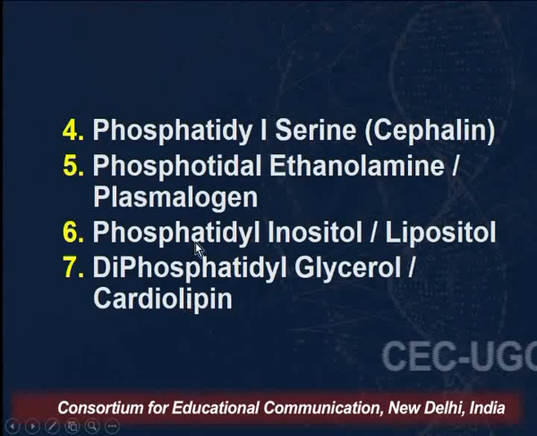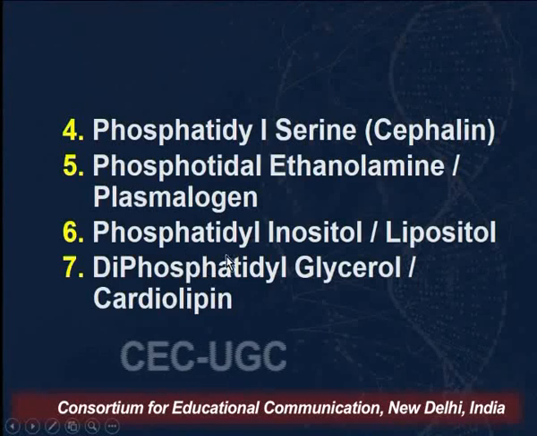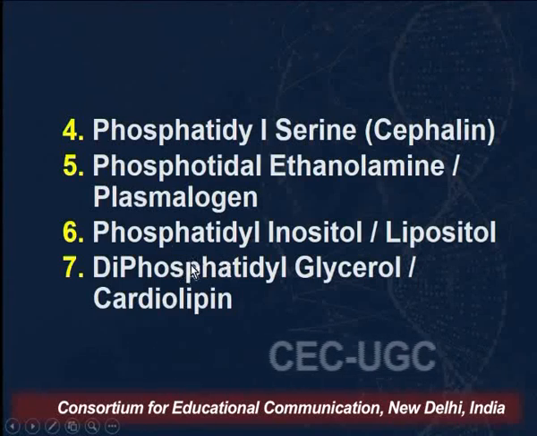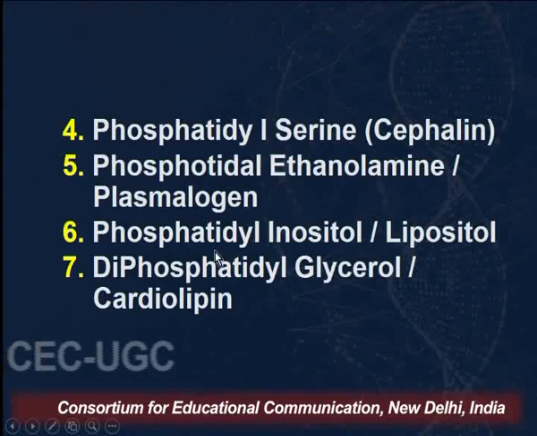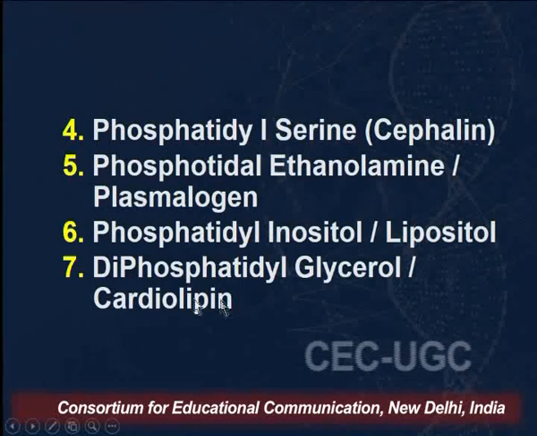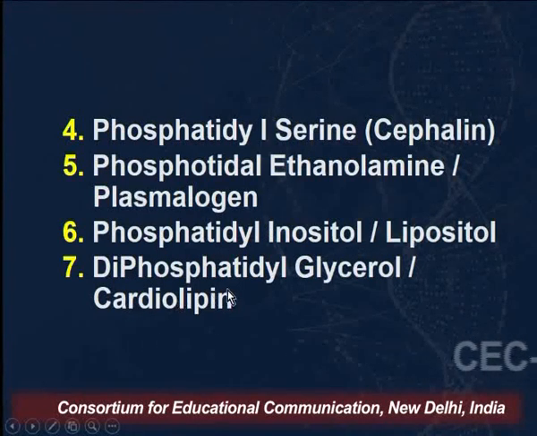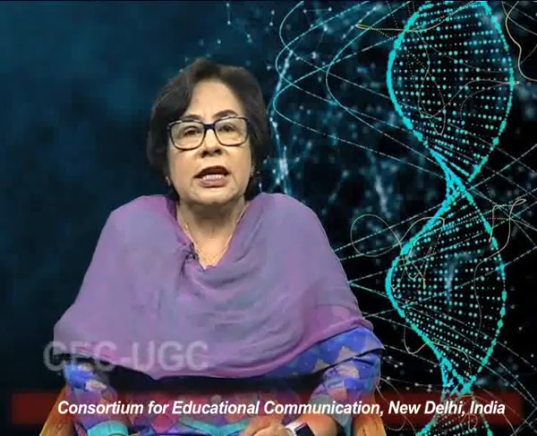This is a little different from all the phospholipids that we've discussed so far. First of all, it is a non-nitrogenous structure. It will have glycerol, and this glycerol will attach to diphosphatidyl units, and we get cardiolipin. So let us now discuss each of these in detail.